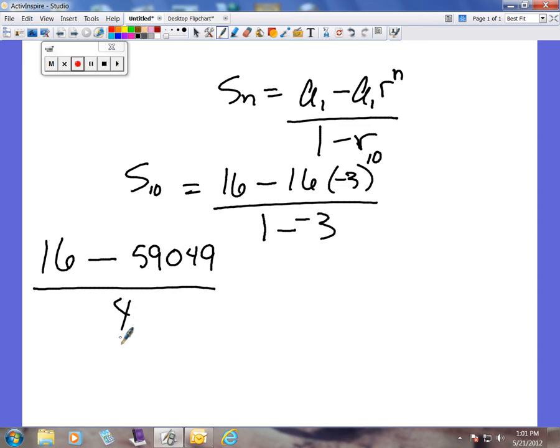Now you could run that straight through your calculator. 16 minus this divided by 4. Oh, you haven't taken that times 16 yet? Then you can't do that yet. If you know how to do this, you can make this negative 59049 times 16 plus 16. Let's see what you get. Should be a negative answer.